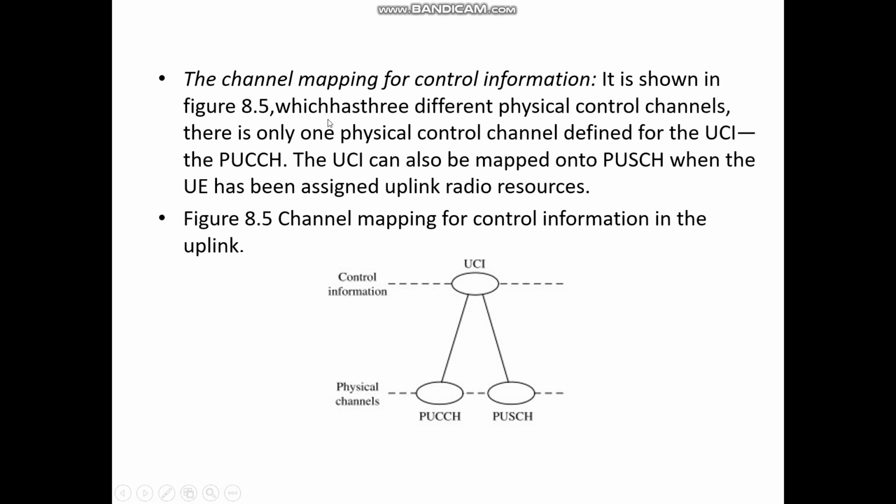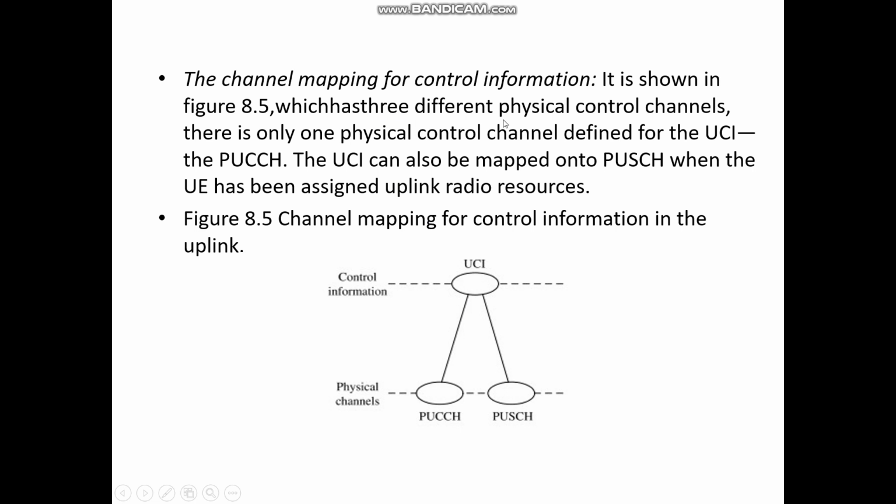Now the next point is the channel mapping for control information. In this figure you can see control information UCI is mapped to two channels, that is the physical uplink control channel and physical uplink shared channel.